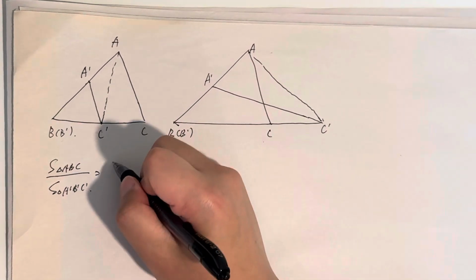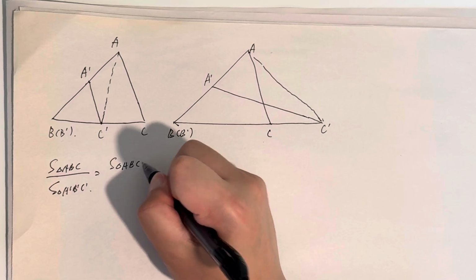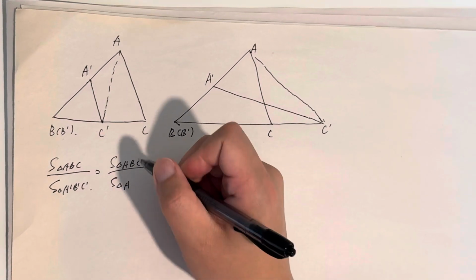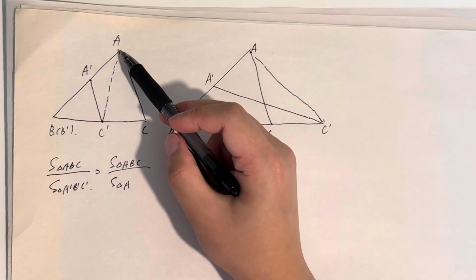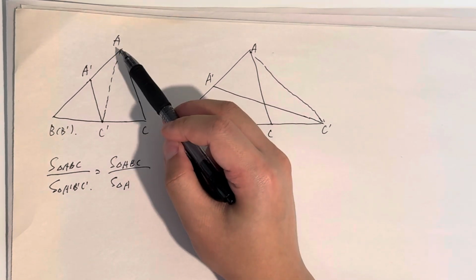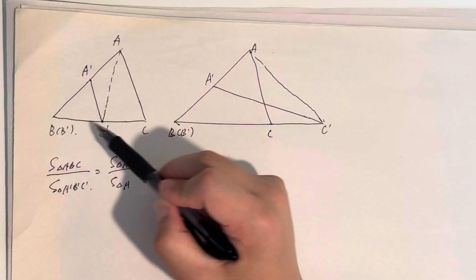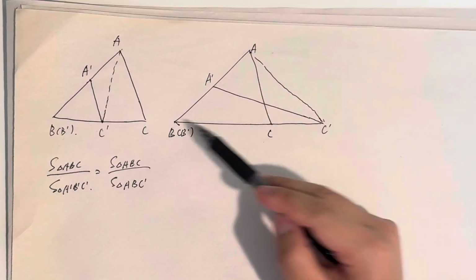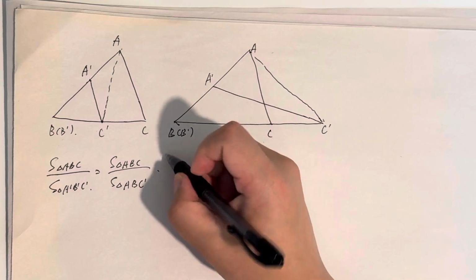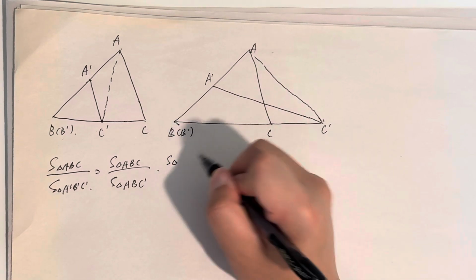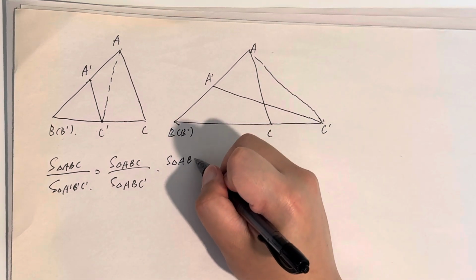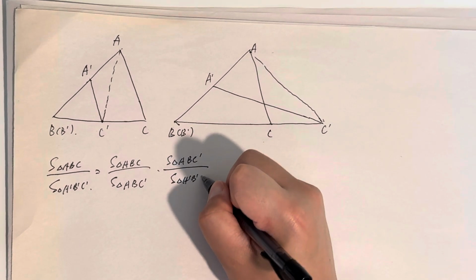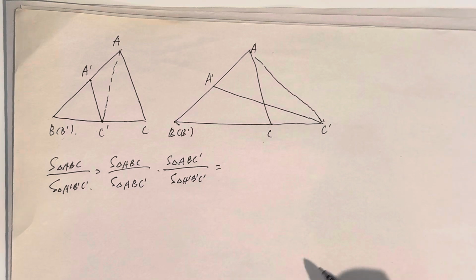So it equals the area of triangle ABC to the area of triangle ABC prime, times the area of triangle ABC prime to the area of triangle A prime B prime C prime, right?